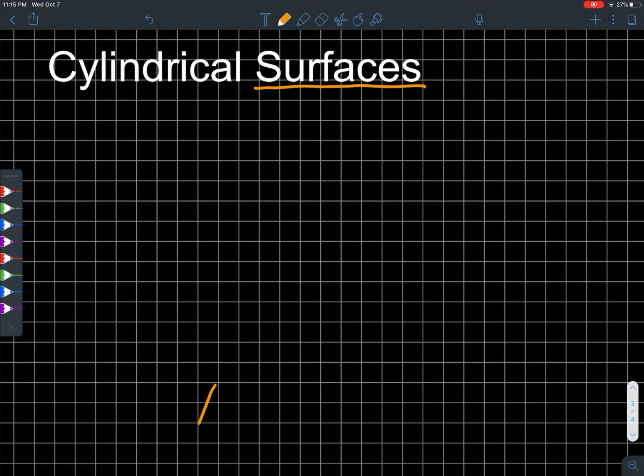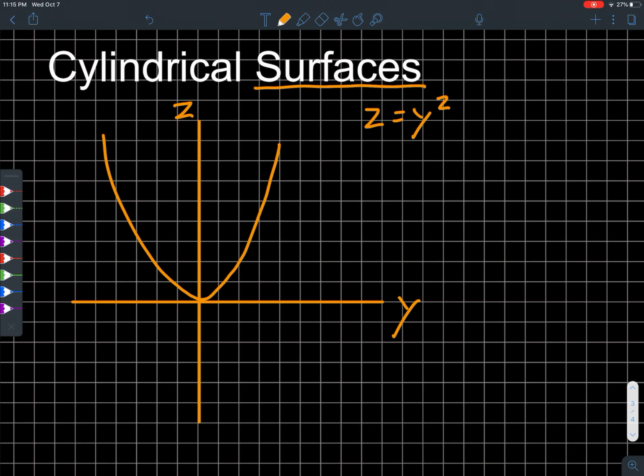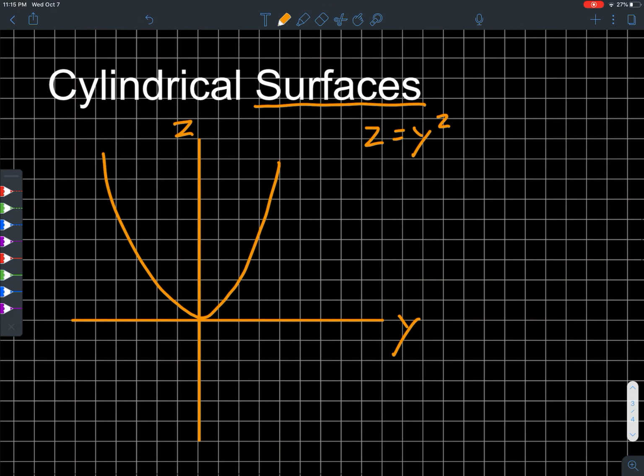So if you're in two space, except not normal two space, instead we've got our y and our z axes, you've got the parabola z equals y squared. This is the parabola that meets this condition.